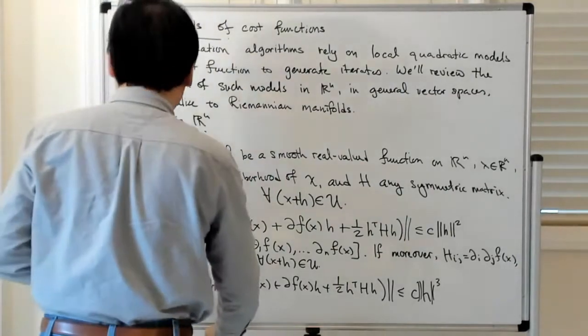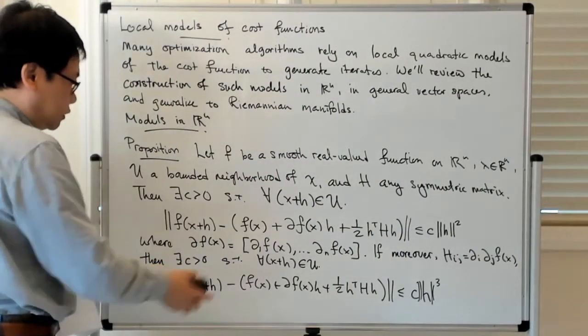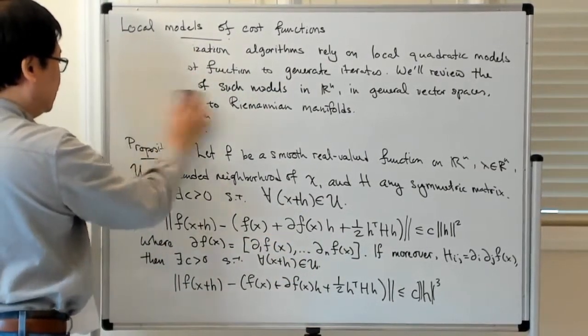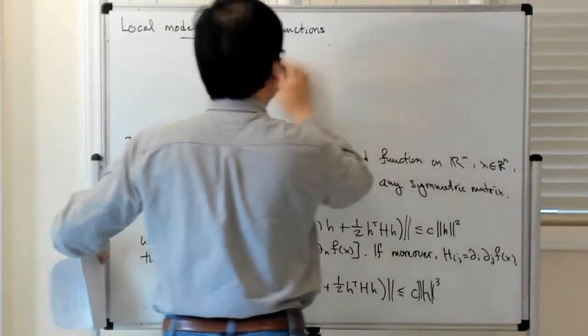So that's really the strategy we have in mind. This is fairly standard stuff. Let's see what happens on general vector spaces and then eventually Riemannian manifolds.